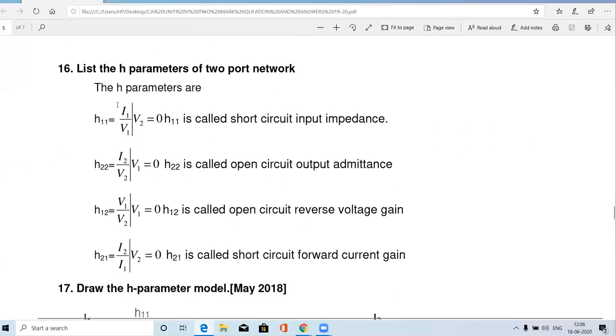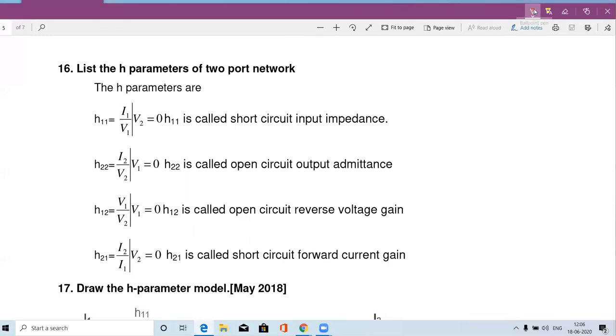It's a ratio of V1 divided by I1, not I1 divided by V1. So V1 divided by I1 is called H11. It is the short circuit input parameter.